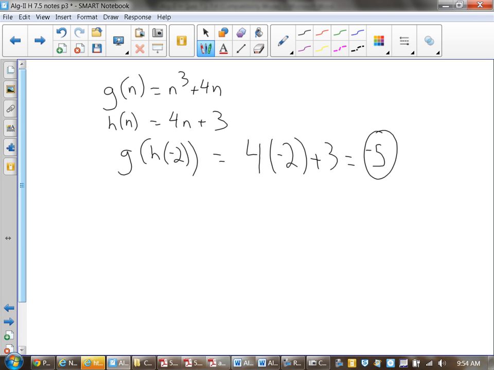From there, I take this -5 and substitute it into here and here. So it becomes -5 cubed plus 4 times -5. -125 and -20 is -145. Does that make more sense? Yeah. It's telling you, substitute that value in and work your way out of it.